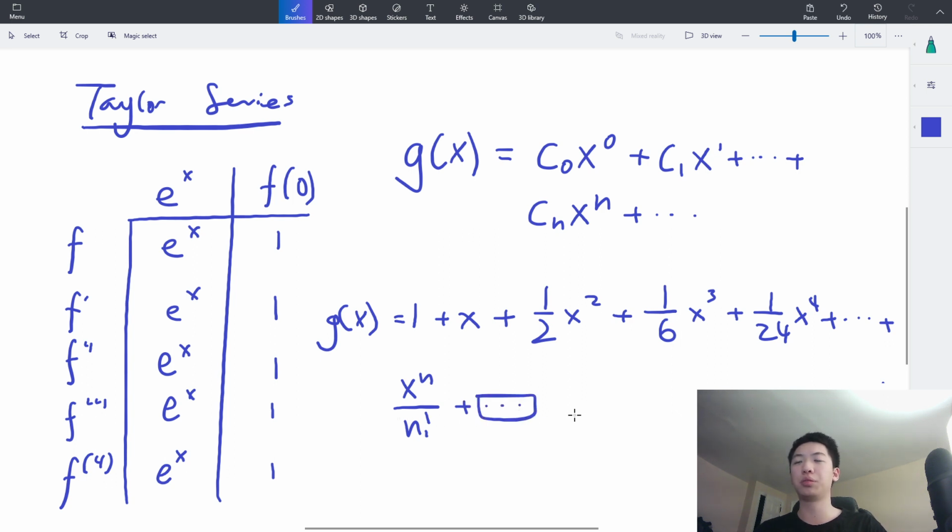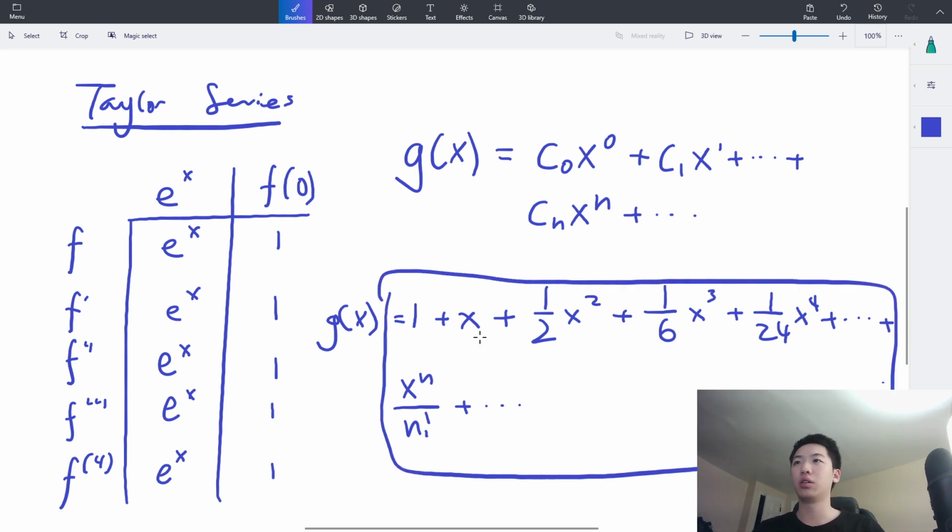These are ellipses. It's kind of like assume that there's stuff in between that follows the pattern. And when you add it at the end, it means it goes on infinitely. So the whole thing would be g of x equals this.